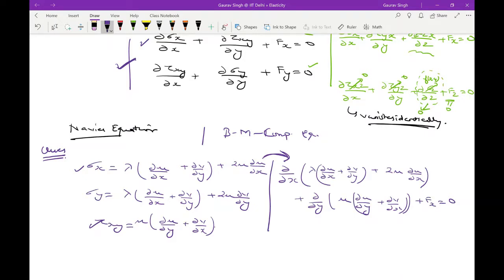So this eventually gives you, let me just write out, this implies that lambda of dou 2 u by dou x square plus dou 2 v by dou x dou y.